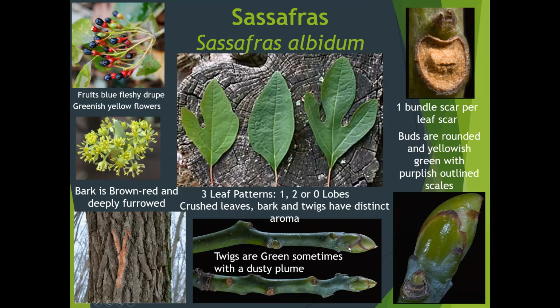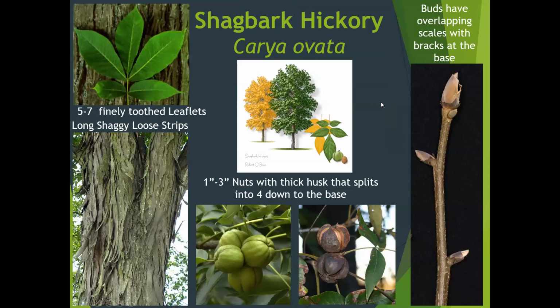They have multiple scales, but a strong characteristic is that within the leaf scar, there's only one horizontal bundle scar. So compared to other ones that have multiple bundle scars, this one has one bundle scar per leaf scar. It's a little confusing there, but we got through.